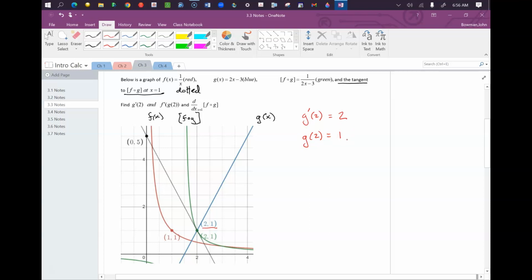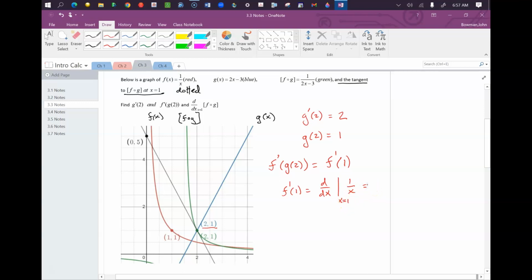Now we're going to put this all together in a minute. The next thing we're going to do is find f prime of g of 2, and that would be f prime of 1 because g of 2 is equal to 1, and we're going to show what that's equal to. So f prime of 1 is the derivative with respect to x of the function 1 over x, and we want to evaluate that at x equal 1.